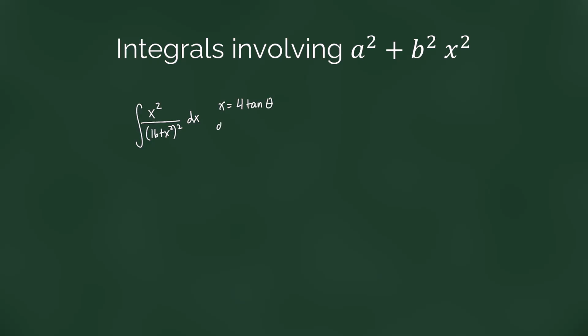Then that gives us that dx is equal to 4 times the secant squared of theta, d theta. And we know that x squared is equal to 16 tangent squared theta. Which means that x squared plus 16 is equal to 16 times the secant squared of theta.